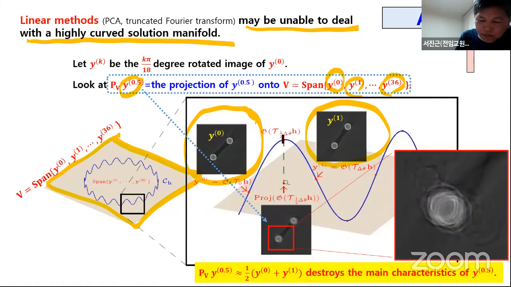And then I try to project this one to this plane, and the image is like this. So the projection is like the average of these images, which destroys the main characteristic of this Y0.5. Because this manifold is highly nonlinear, it cannot be preserved very well. So that's the reason why the linear method is not successful.